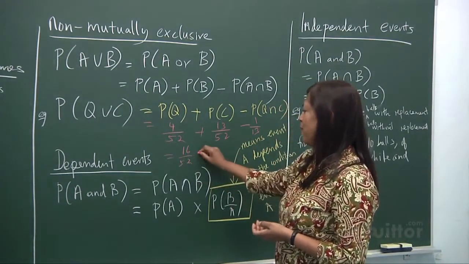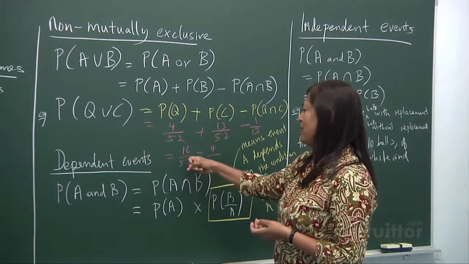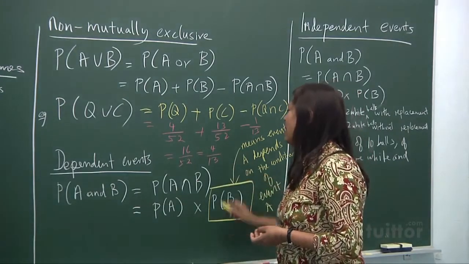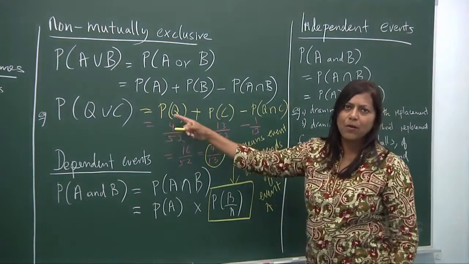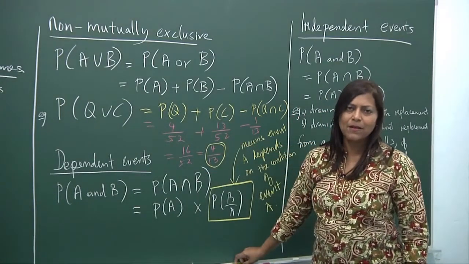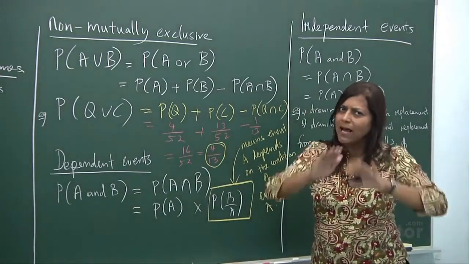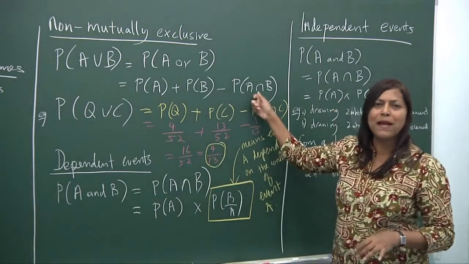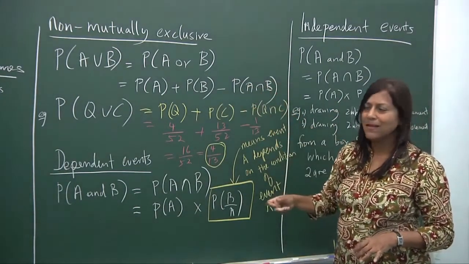And if you divide it by 4, you get 4 over 13. So that's the probability of getting a queen or a club, because there is an area where in the club you have a queen, and that's why you've got the minus, the common area that overlaps.